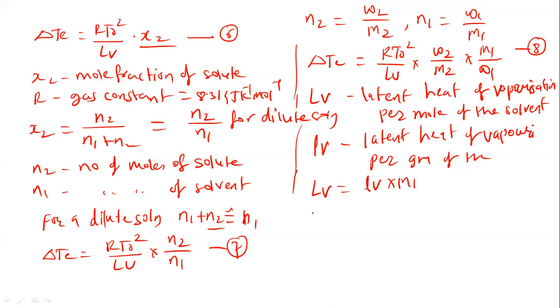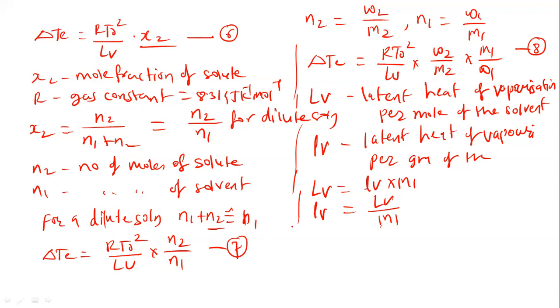Or to get small lv, that is latent heat of vaporization per gram, capital LV divided by M1, then per mole gets cancelled. It has the unit per mole, then it is converted to per gram. So we know that capital LV equals small lv into M1. Small lv is the heat of vaporization per gram of the solvent, and capital LV is the heat of vaporization per mole of the solvent. So put this now into this equation.